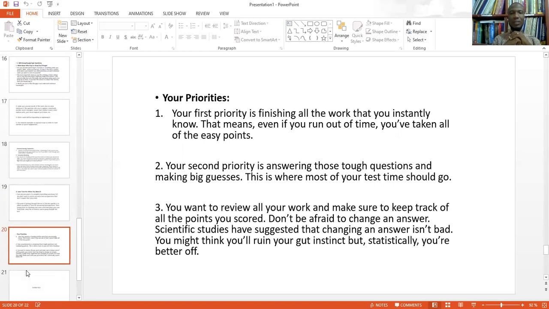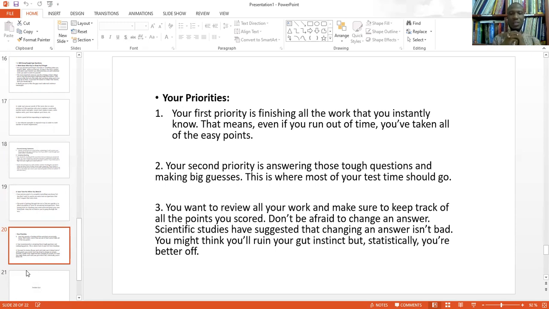Your priorities. First, prioritize. Your first priority is finishing all the work that you instantly know. That means even if you run out of time, you have taken all of the easy points.